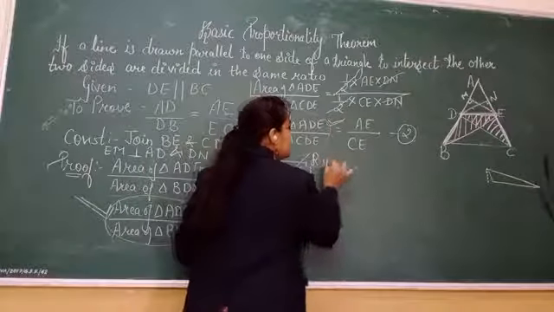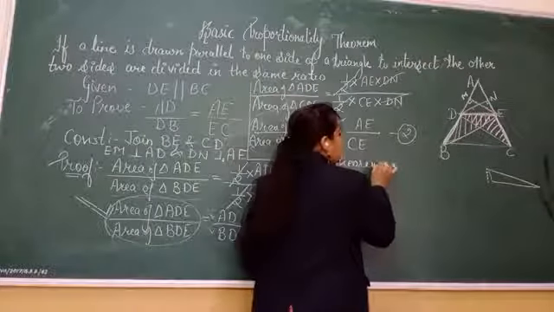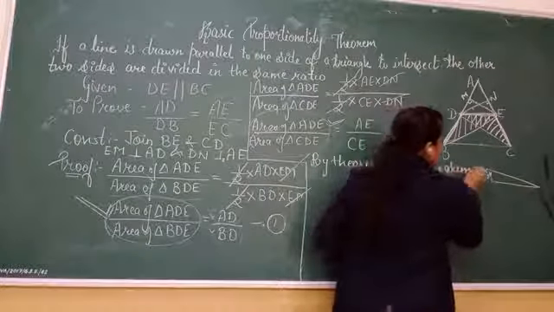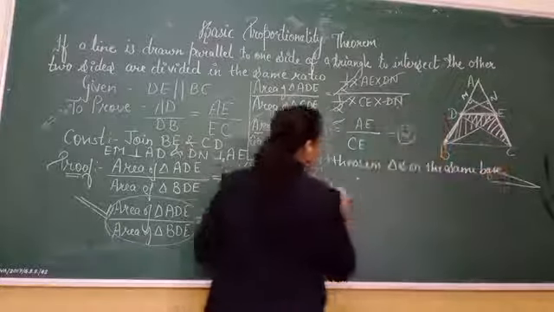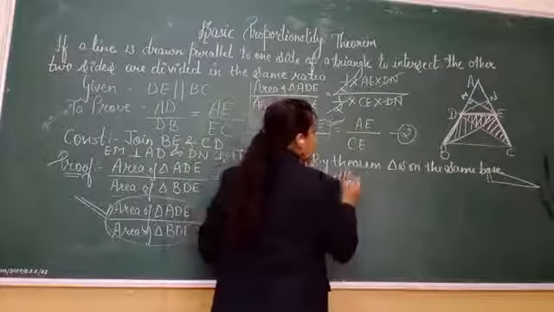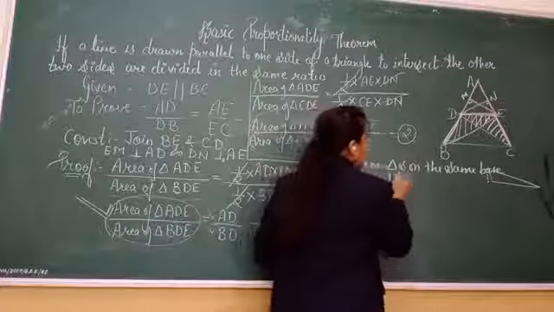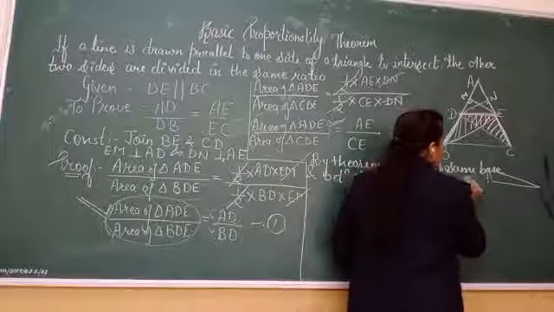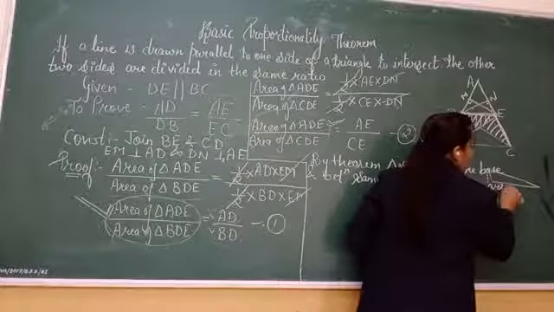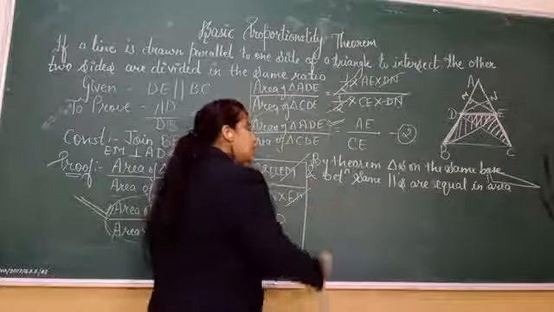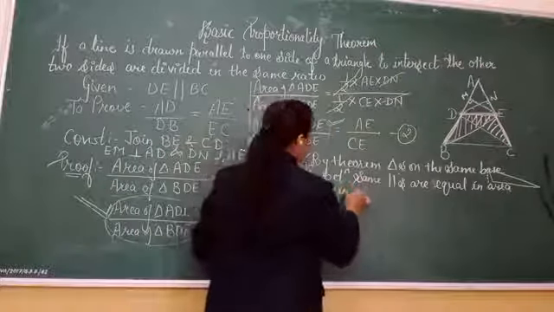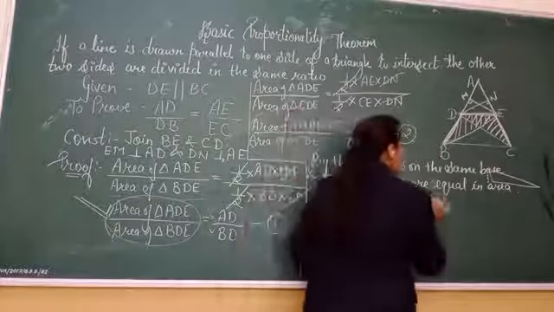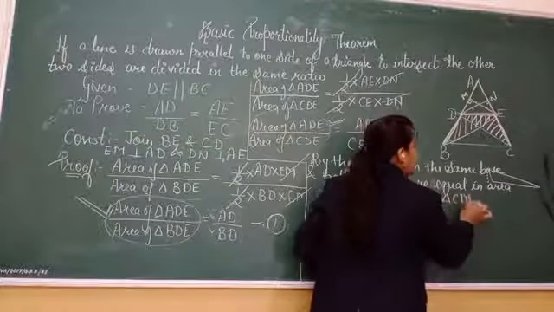By theorem, triangles on the same base and between same parallels are equal in area. Therefore, from here we can write that area of triangle BDE is equal to area of triangle CGE.